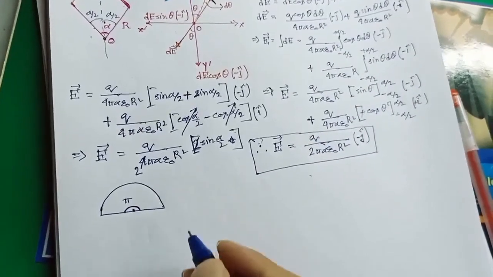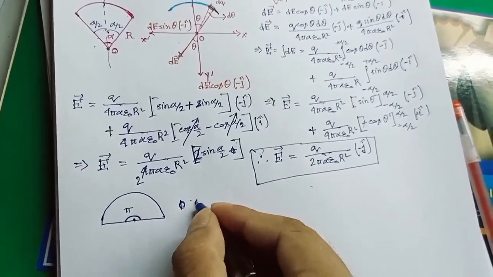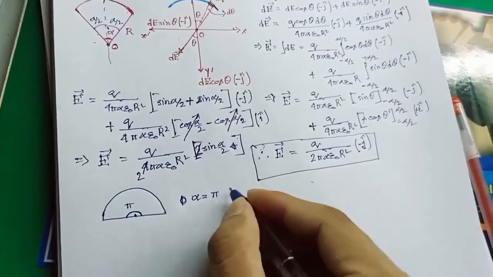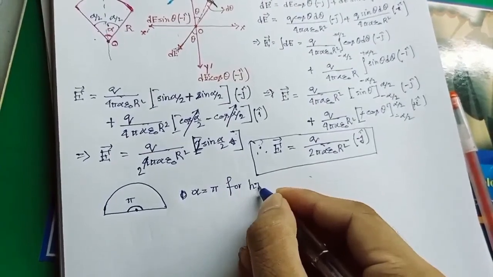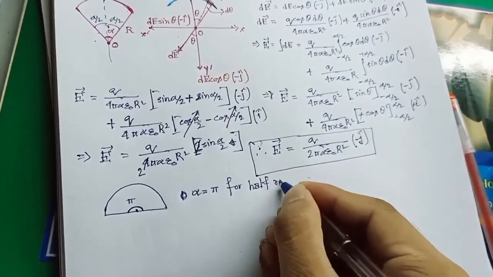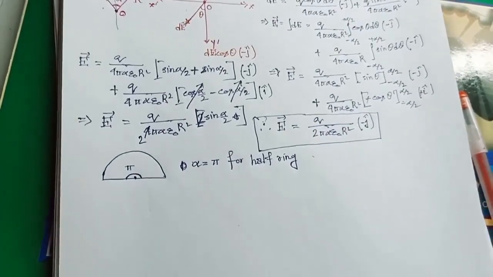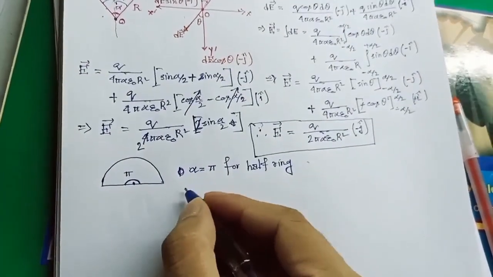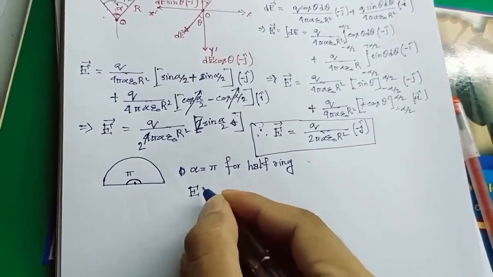If this angle is pi, then alpha will be equal to pi for a half circle, or half ring element.